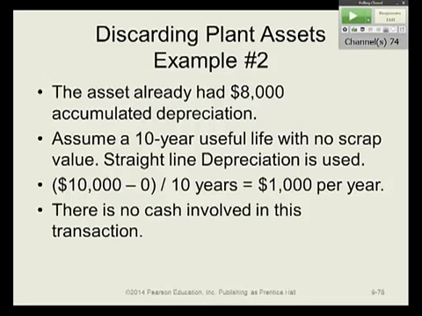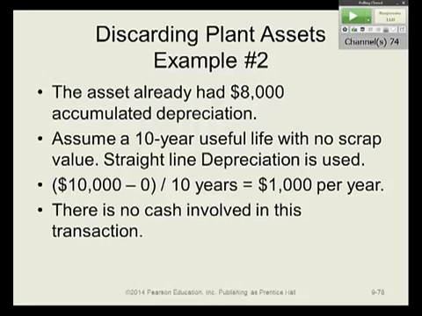So the correct amount of accumulated depreciation that should be reported at the point of sale is $8,500. And the net book value on the date of the sale should be $1,500.